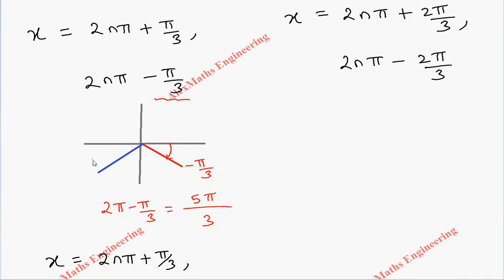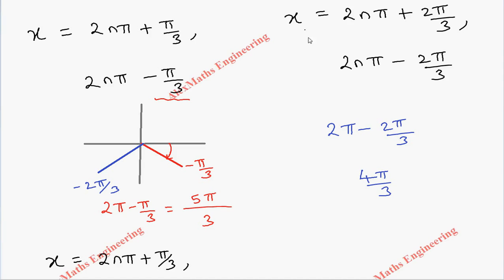This is minus 2 pi by 3, but this can also be written as 2 pi minus 2 pi by 3, because from the 2 pi we subtract and come in the clockwise direction. Taking LCM, we get 4 pi by 3. After taking LCM, this will become 6 pi minus 2 pi, so 4 pi by 3.